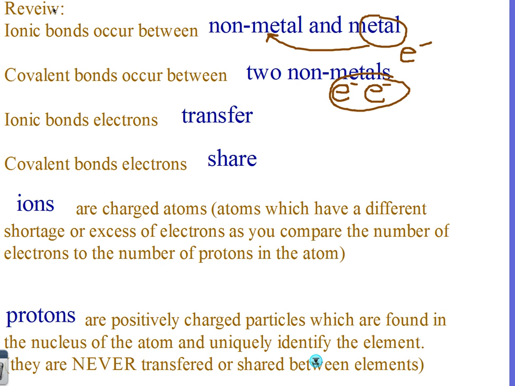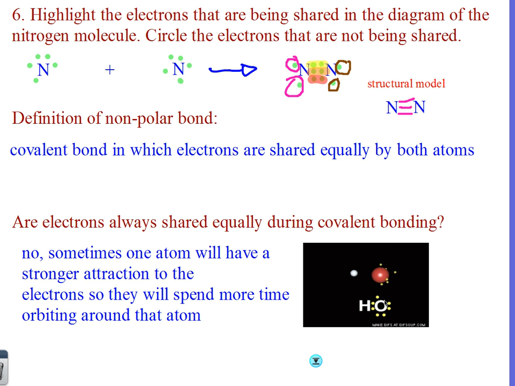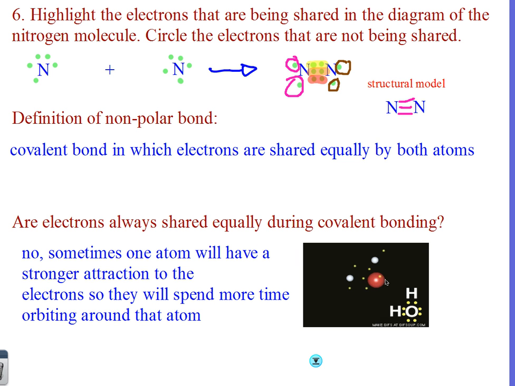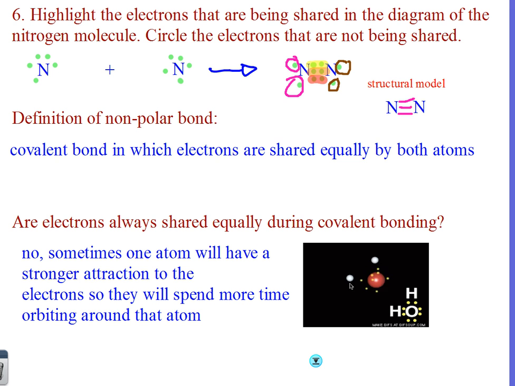Recall that to be charged, I have to have an excess or shortage of electrons as compared to the number of protons. And that's not the case. They have the same number of electrons and protons. It's just where they're sort of spending their time. You could see in this, as we put those two hydrogens in, that the electrons spend a little more time here, and that guy didn't have any electrons around it.